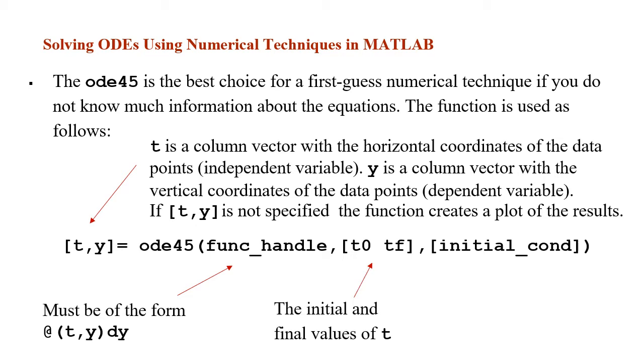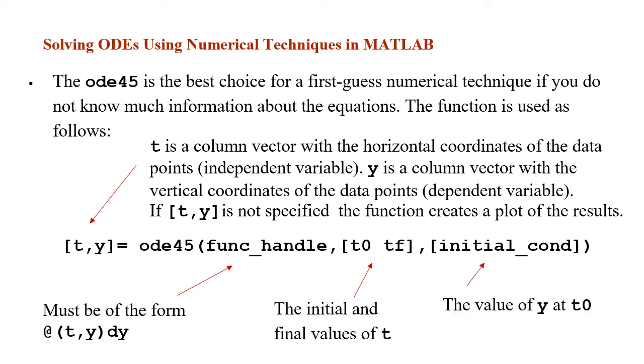The second input is the initial and the final values of t. Whatever values you see for t at the output, you can determine the initial and the last entry in t using the second input to the function ODE45. It's an array containing two numbers, t0, the initial time, and t final. MATLAB will determine how many points it is necessary to use in between, or the length of t, but in the second argument you specify where to start and where to end.